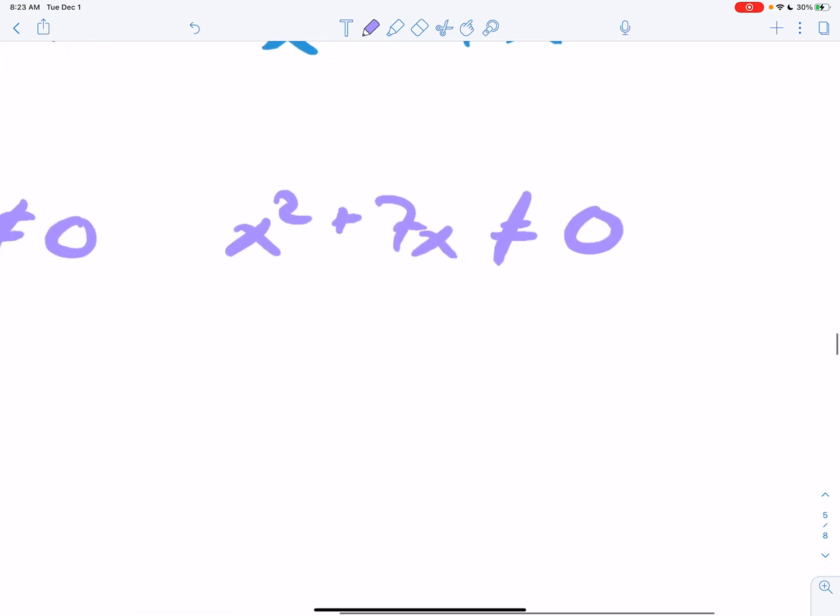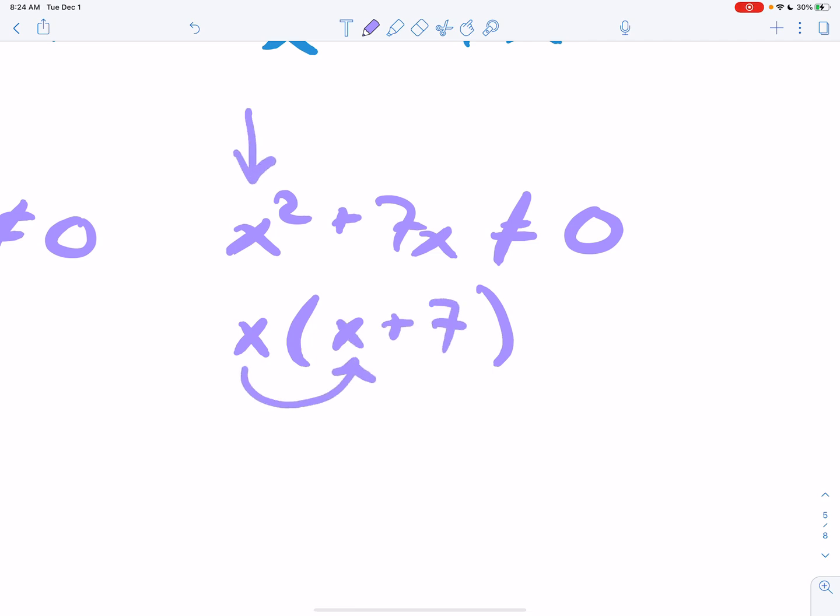So here, notice how you could factor. You could actually take out an x. If you take out an x, what's left is going to be an x plus 7 because x times x will give you x squared, and x times positive 7 will give you positive 7x, okay? Okay, we have to make sure that that doesn't come out to 0.